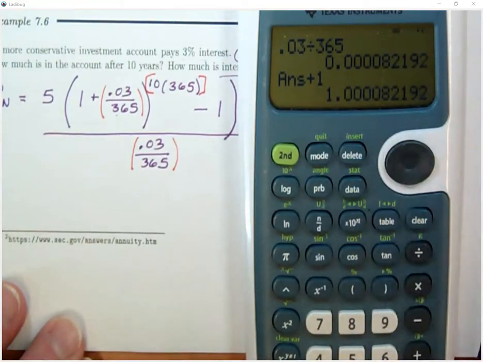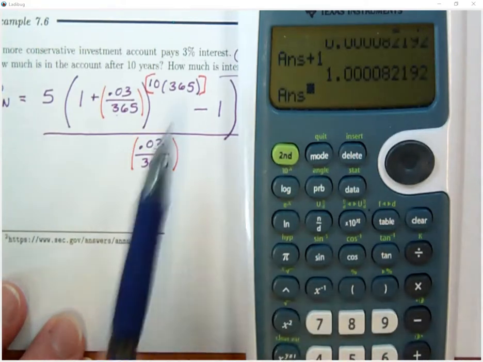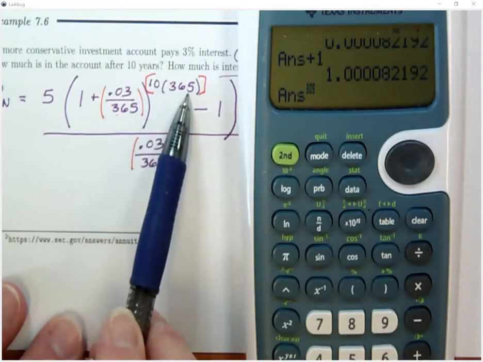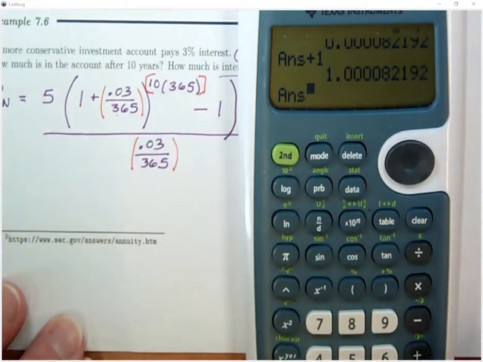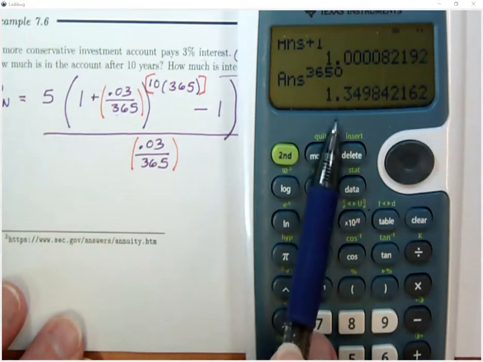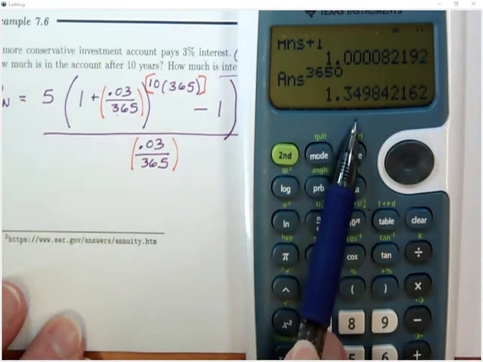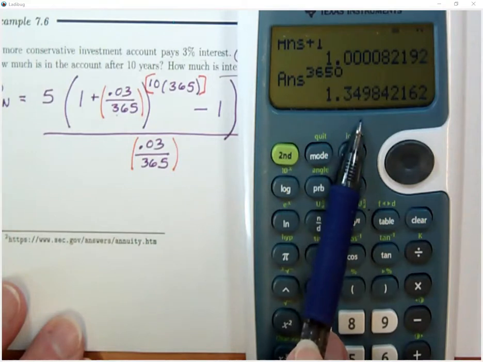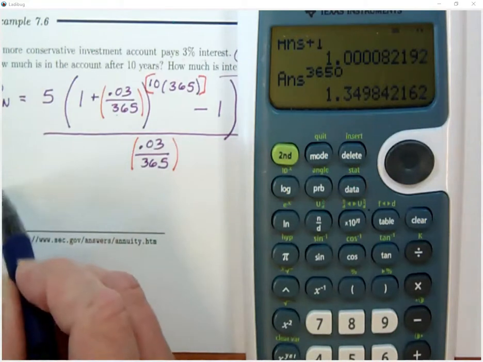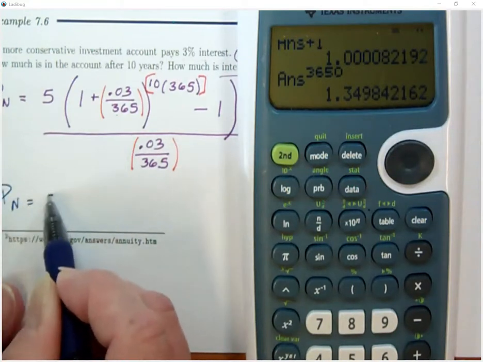Then I'm going to raise that up to the exponent here. I could use parentheses and do 10 times 365, but it's easy enough to just do that in my head. And so now I'm at 1.34, and so on and so forth. I'm going to go ahead and jot that number down just over here.